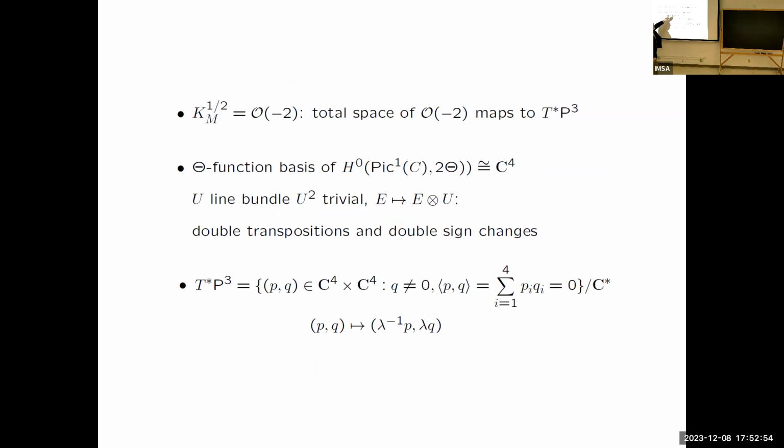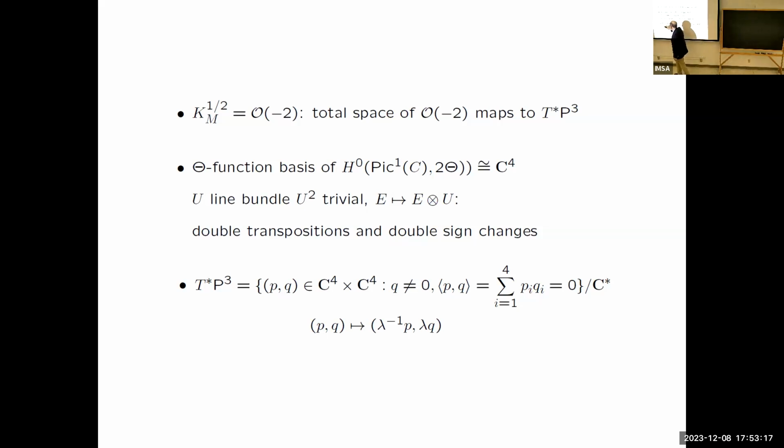And in this basis, the group is generated by double transpositions and double sign changes. You have these 4 coordinates, P1, P2, and so on, you look at double transpositions and double sign changes. This is this action, this group.